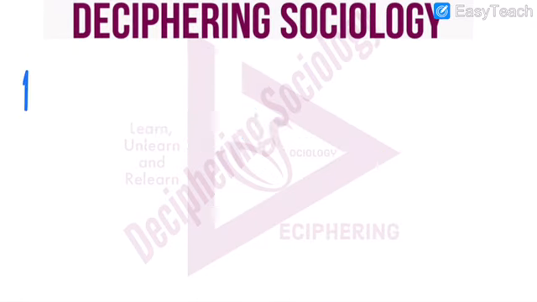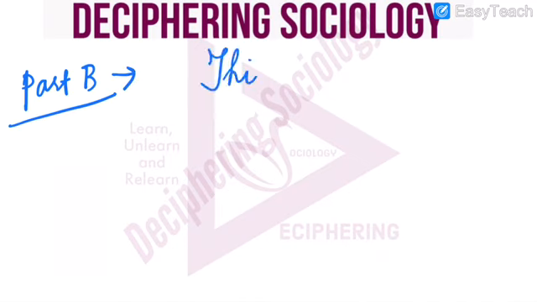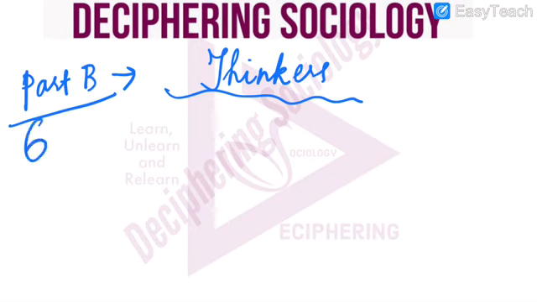Now, in part B, we have sociological thinkers. Here, by thinkers we understand sociologists who have studied sociology since the beginning or the emergence of this discipline. Although there are many thinkers, in our syllabus we have 6 major thinkers.